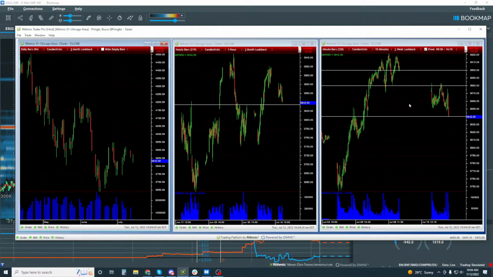We had a downward bias on the daily. The hour chart was really kind of all over the place. There's a lot of buying pressure coming in and some selling. You see the selling here, buying here, selling here, bouncing off of these levels, buying coming back in, selling coming back in, really all over the place in here.